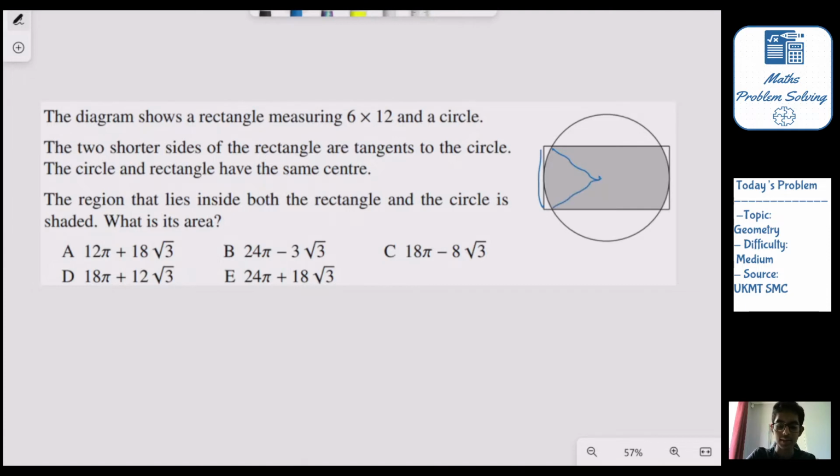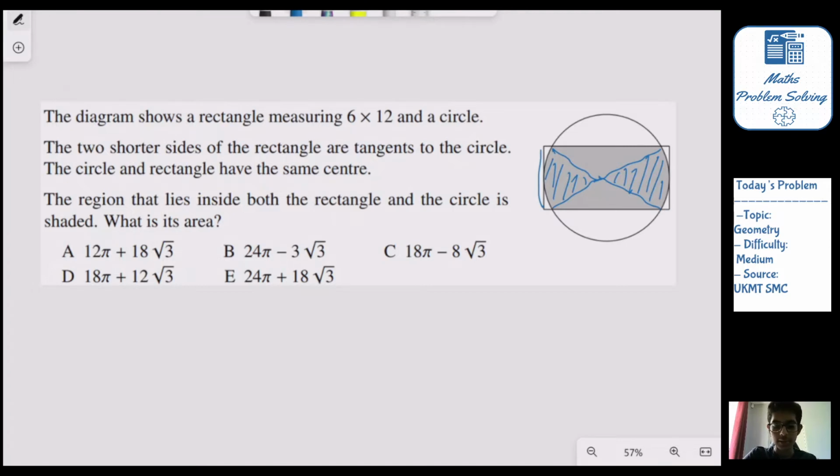So basically this shaded area, we can map this out into 4 sections. 2 of these are sectors, which we can work out using the sector area formula, and the other 2 are triangles, which we'll have to use the area sine rule probably to work them out. So yeah, let's just get into it.